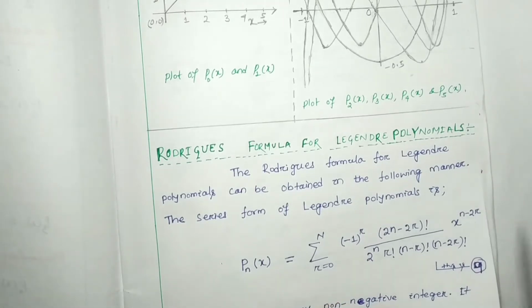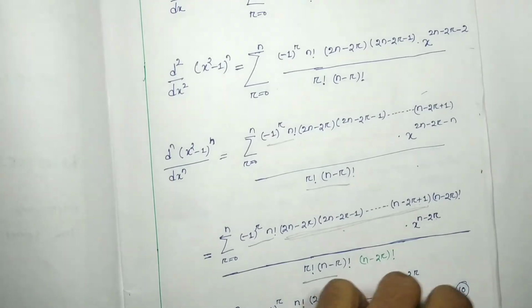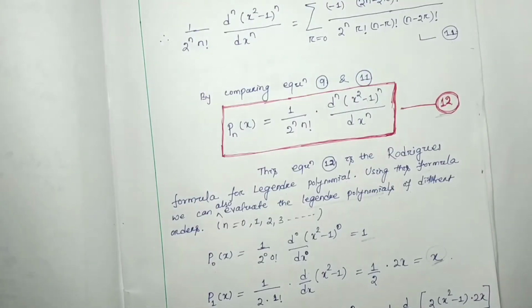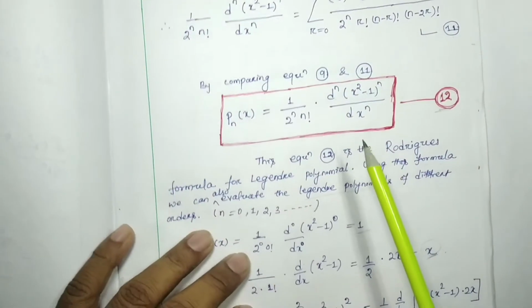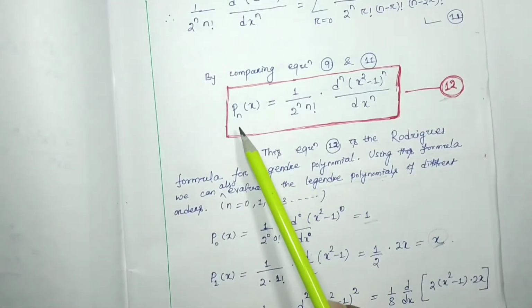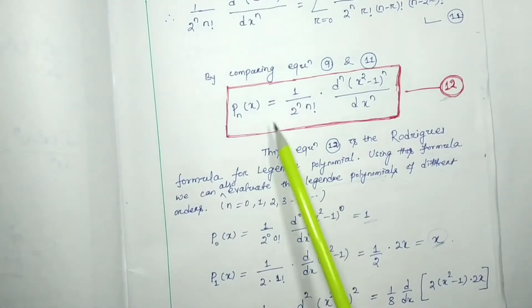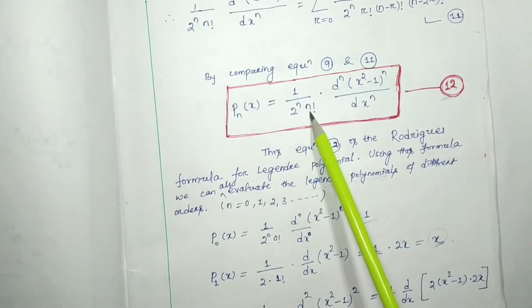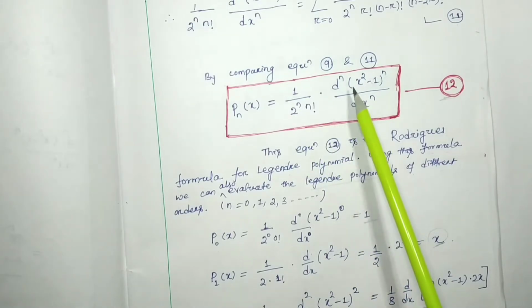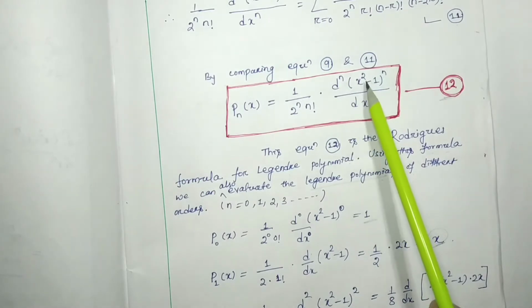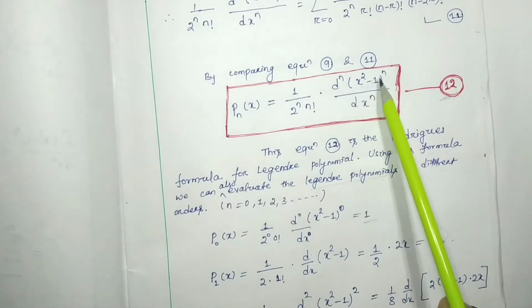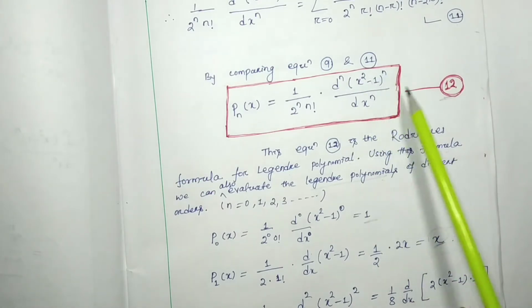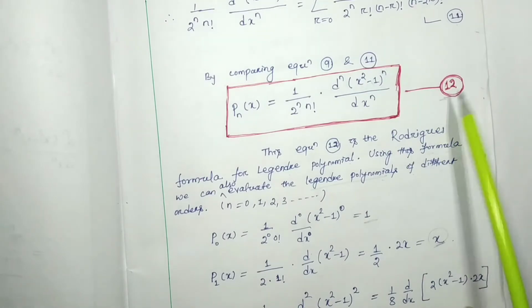So in our last class we found the Rodrigues formula of Legendre polynomial is Pn(x) is equal to 1 by 2 to the power n into n factorial into nth derivative of (x square minus 1) to the power n. That is your equation number 12.